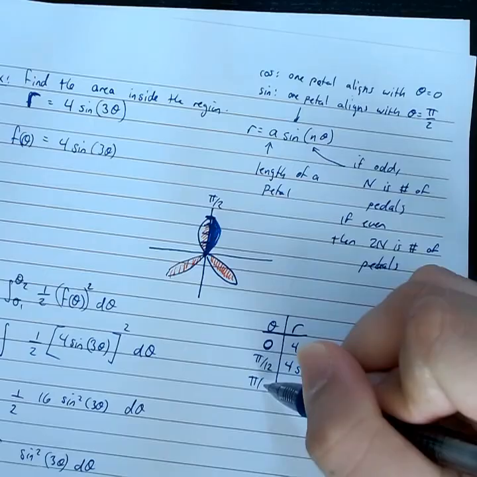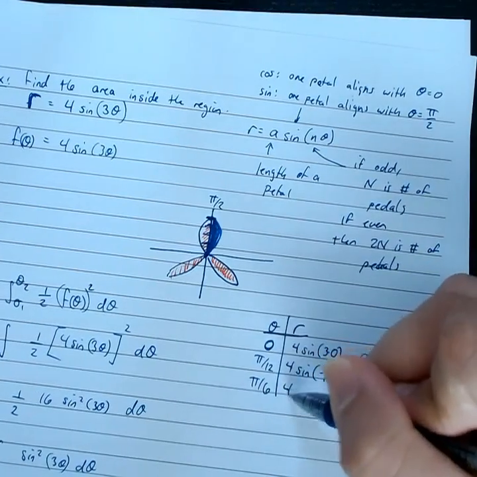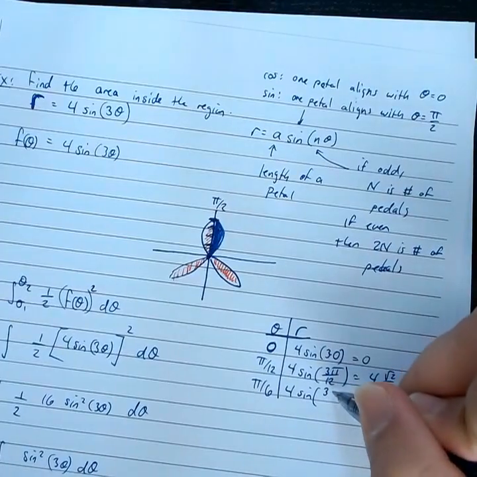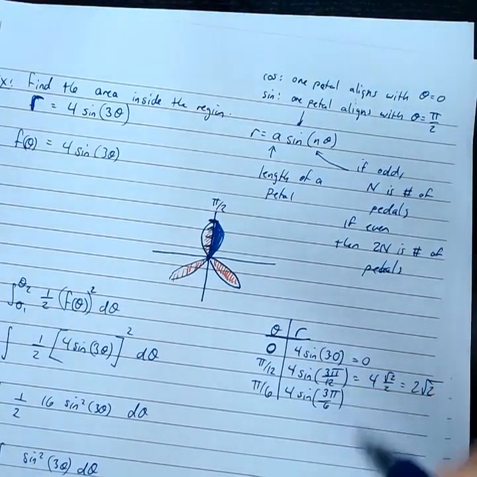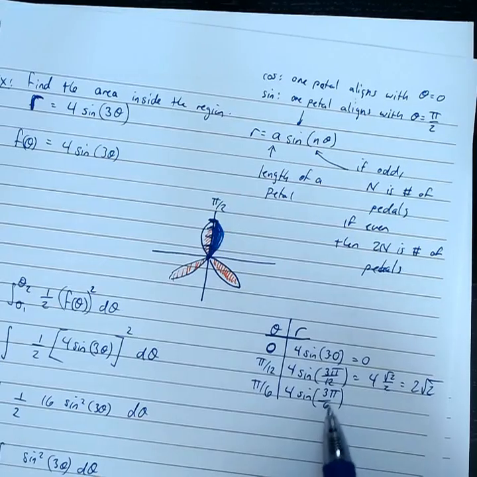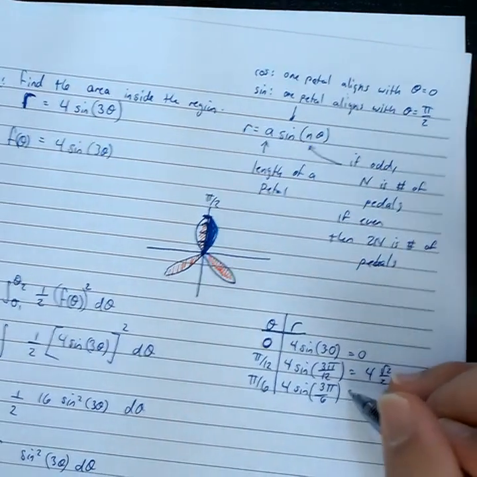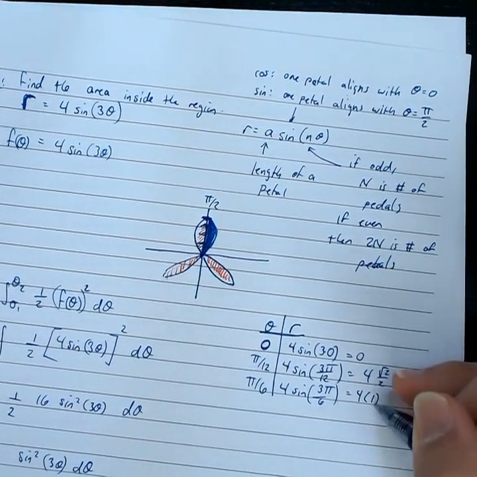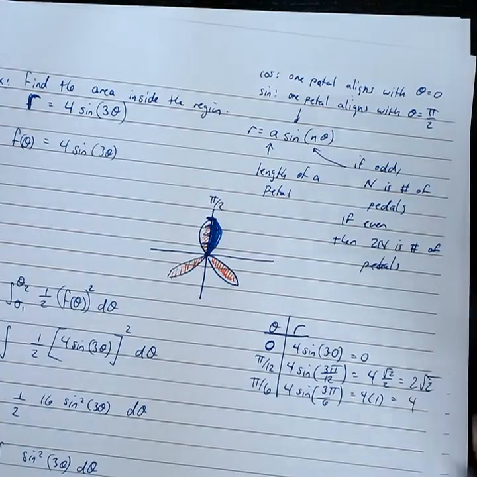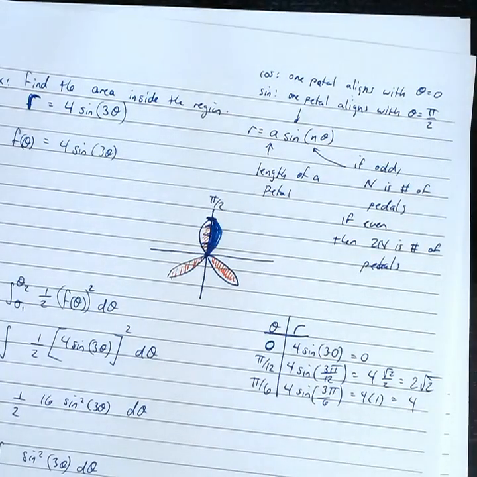Let's do pi over 6. That's going to be 4 times the sine of, again, everything's being tripled, so 3 pi over 6. I know that one too. That's pi halves, and the sine of pi halves is 1. So that's 4 times 1, which gives me 4. There we go.